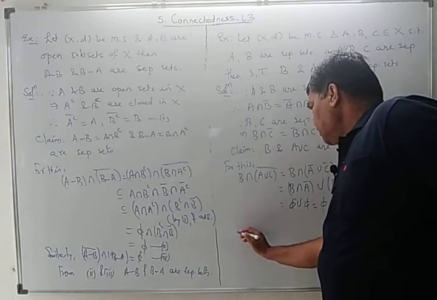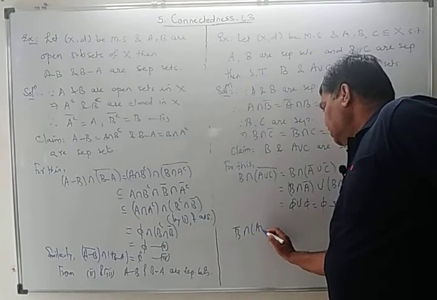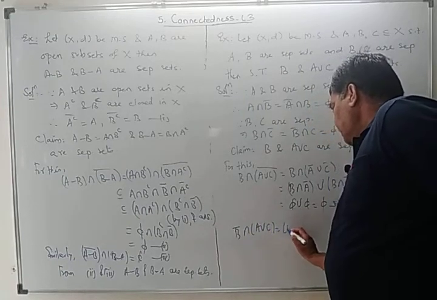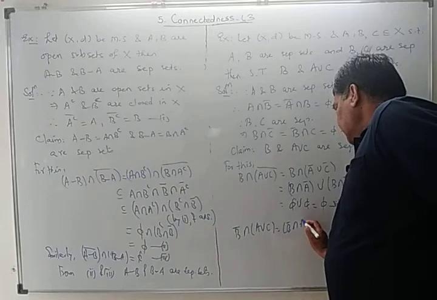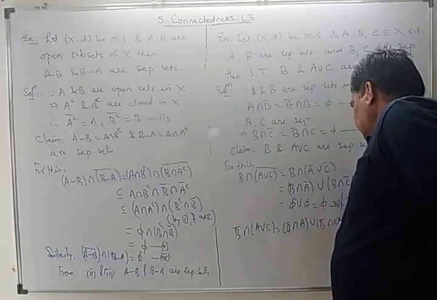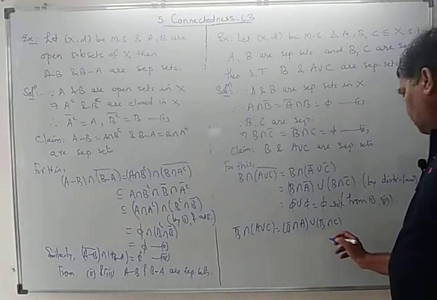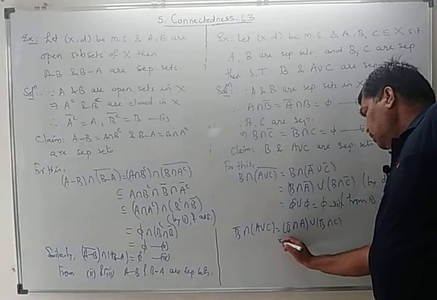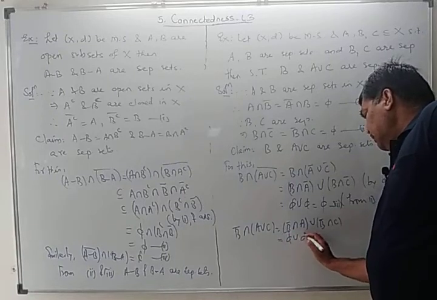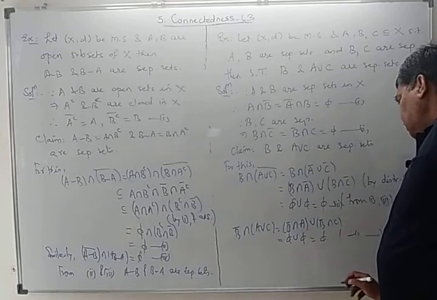And B closure intersection (A union C) is equal to B closure intersection A union B closure intersection C, which is equal to phi union phi, equal to phi, from 1 and 2.